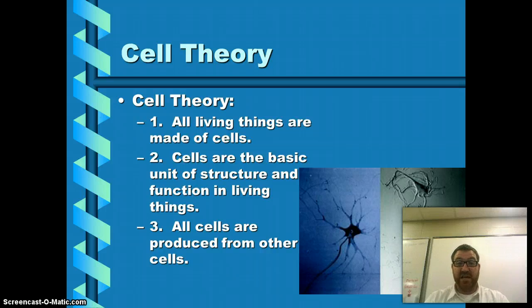Basically, these cells cannot just spontaneously appear out of nowhere. They have to come from other cells. So there's actually a process involved that will take one cell and make two from it. And we'll be getting to that as we progress through our cellular unit.